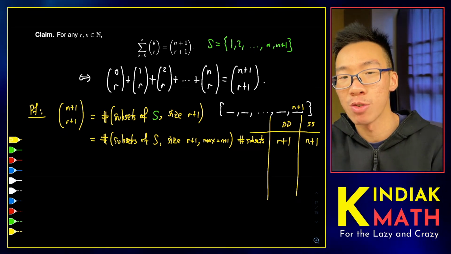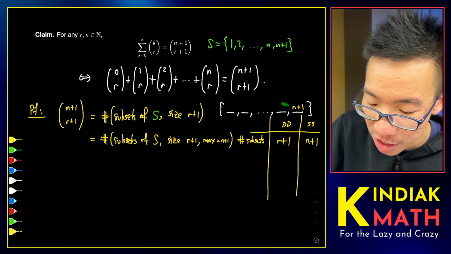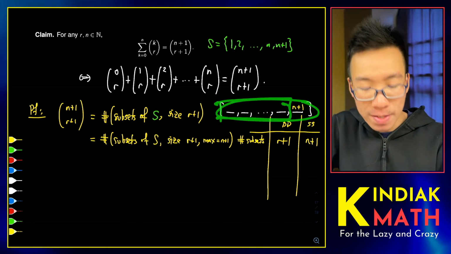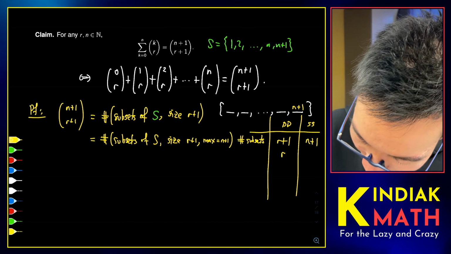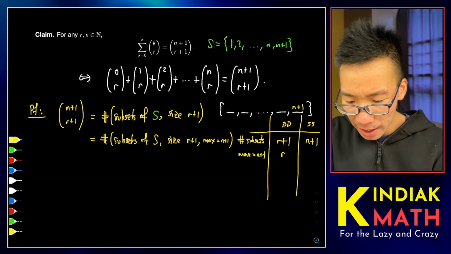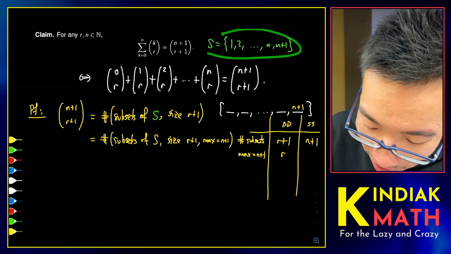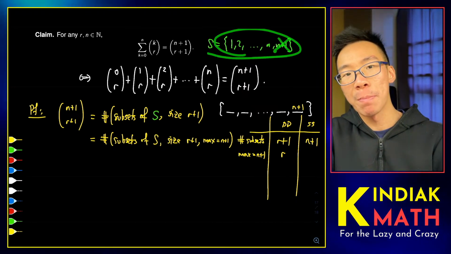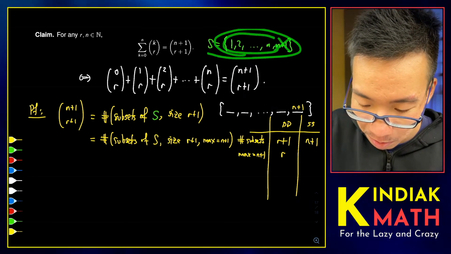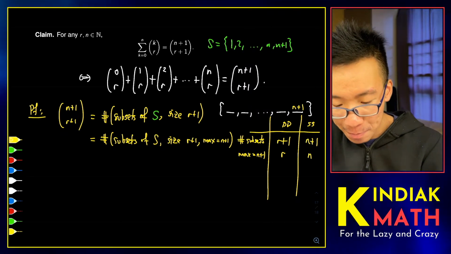How many items can you choose from? How many spaces do you have? Well, you initially had r plus 1 spaces, now you're left with r spaces. So now the demand is r. Now the maximum here is n plus 1. And what's the supply you're choosing from? The supply you're choosing from is everything except the maximum number. And if you choose everything but the maximum number, you have a total of n choices. You might be able to see where we're going with this.